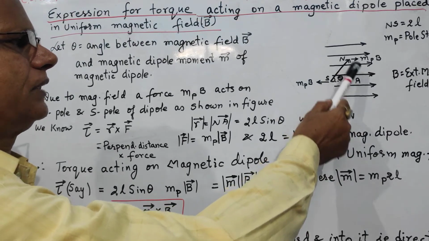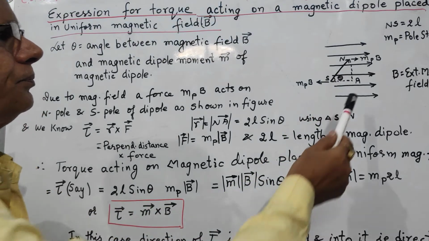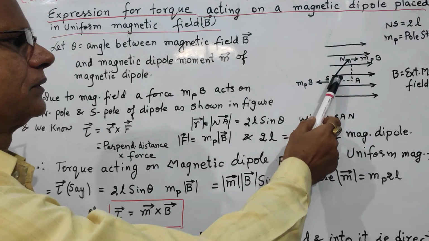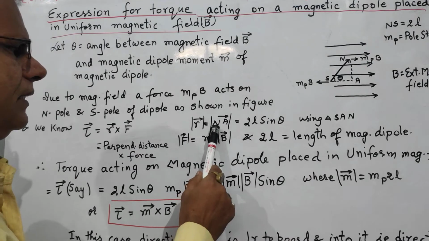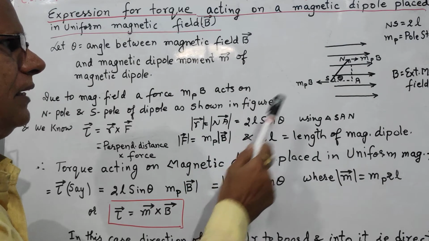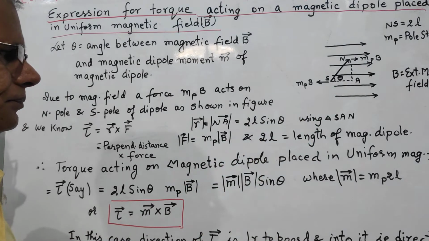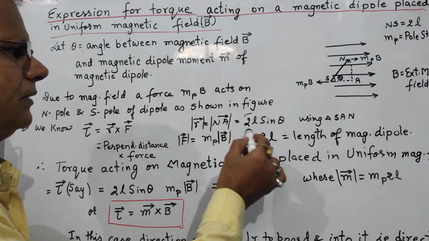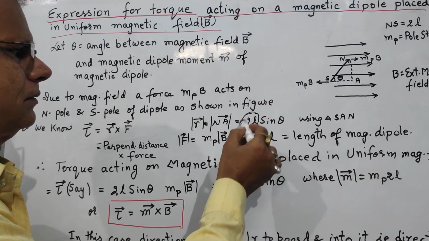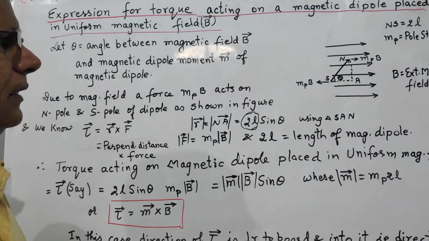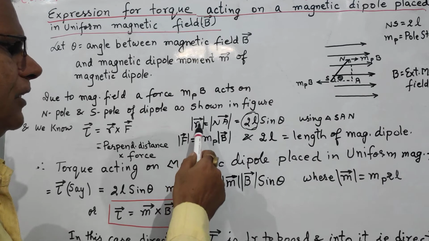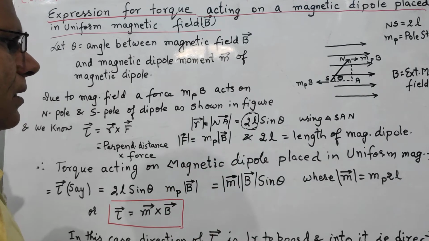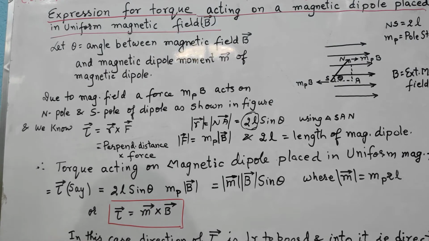So we can write NA equal to NS sine theta, and for NS we have 2L. So we got the magnitude of vector R as 2L sine theta. That is the perpendicular distance.